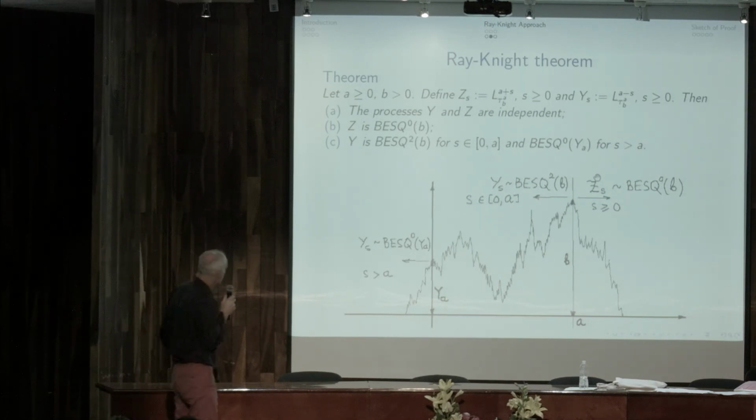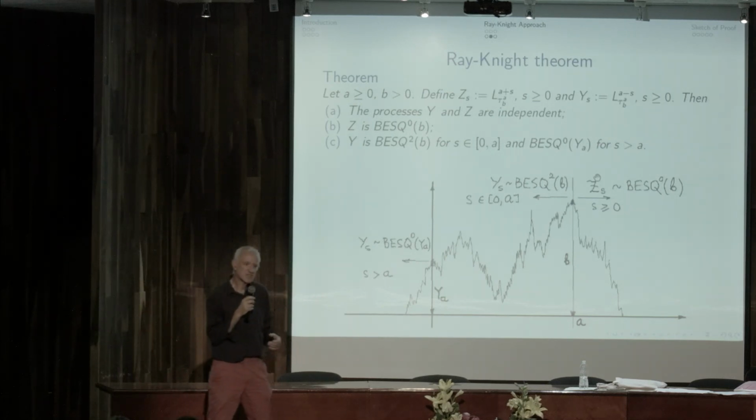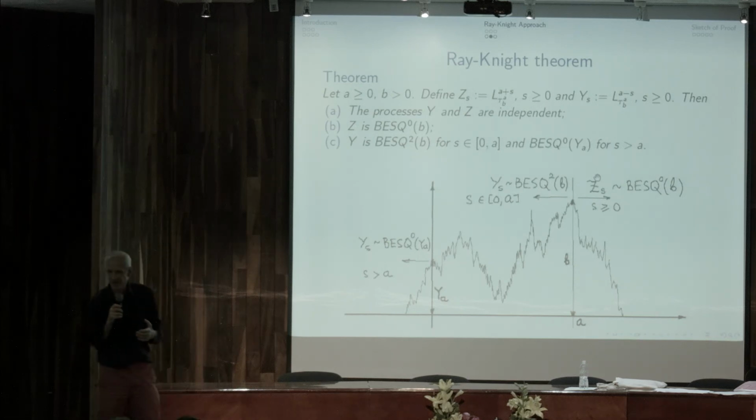Okay? So for us, all we're doing is simply saying, if you look at a Bessel squared 2 process, you run it for time 1, and then you look at a Bessel squared 0 process starting off at this random point at time 1, and you run it. You can ask yourself, what is the chance that process hits 0 before time 2?